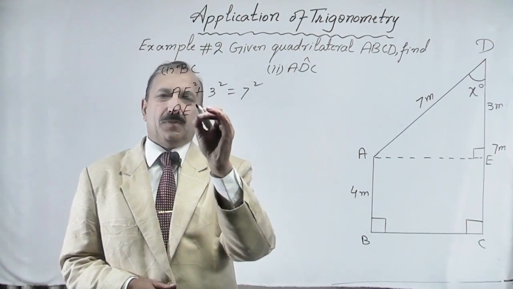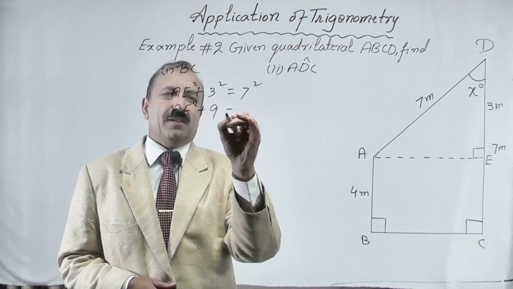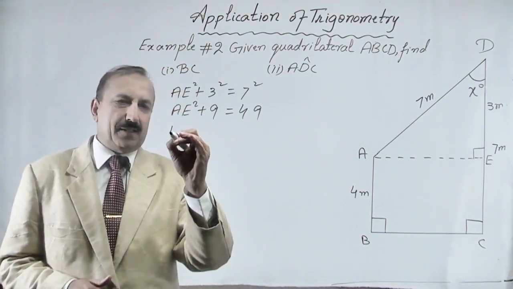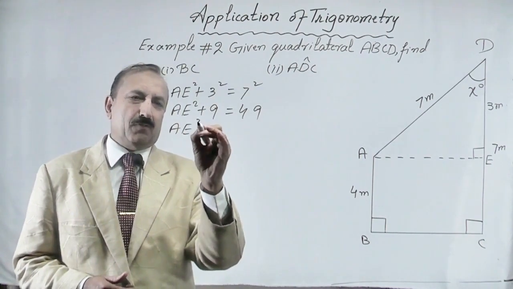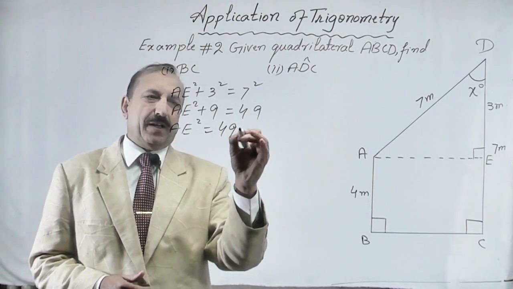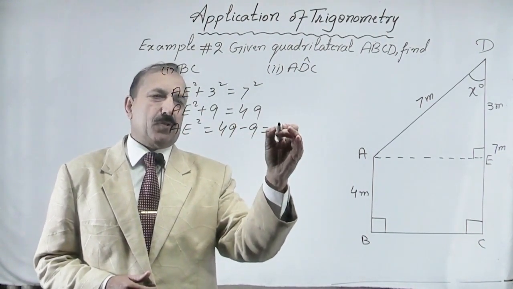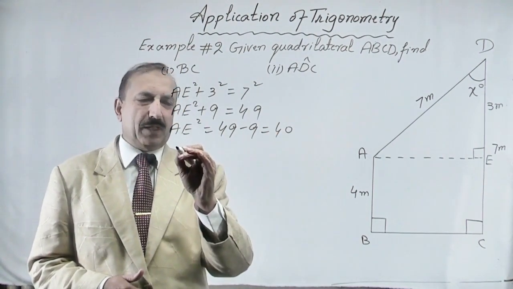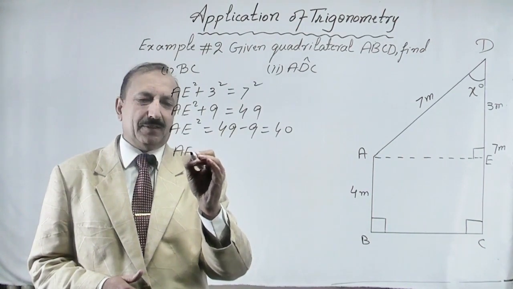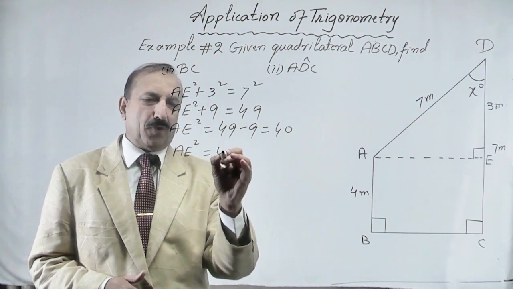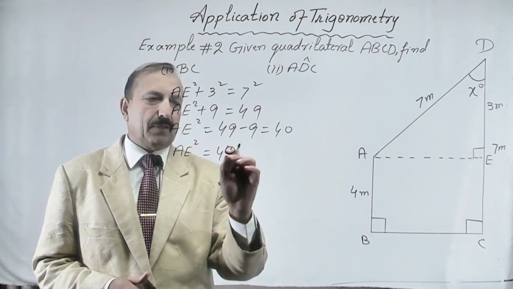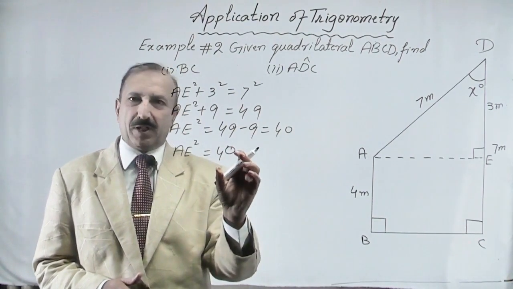AE squared plus 9 is equal to 49, and AE squared will be equal to 49 minus 9, which is 40. Sorry, I have written 40 here.